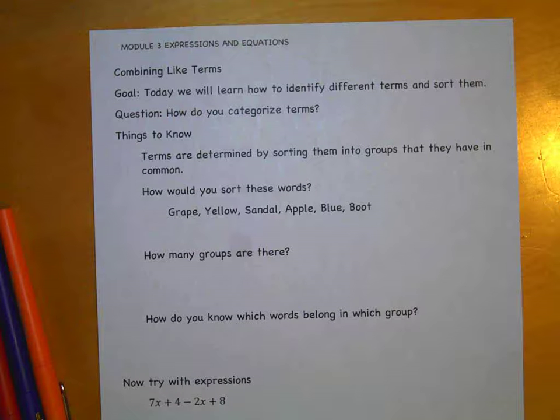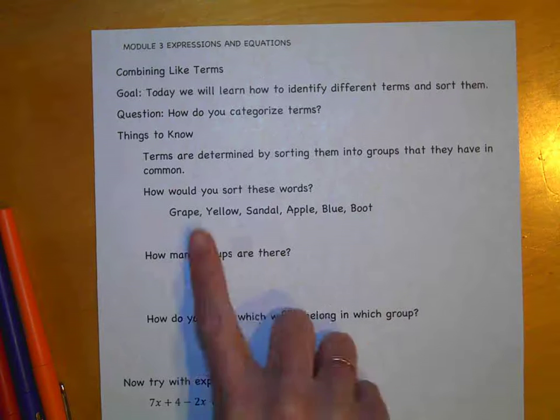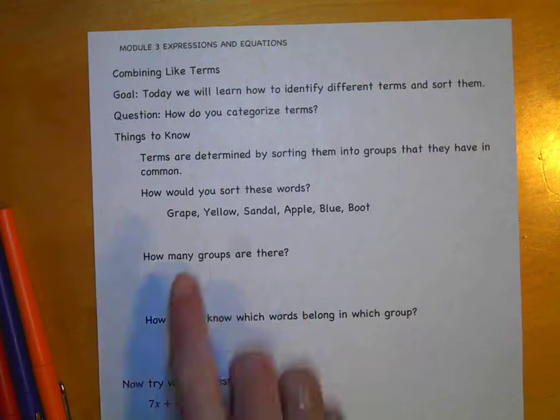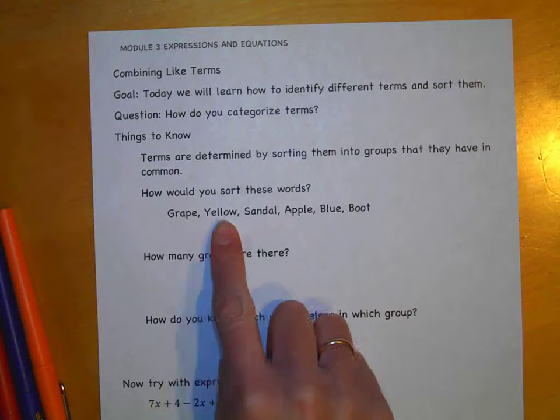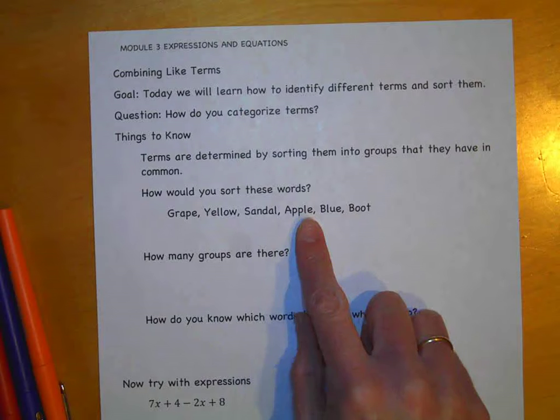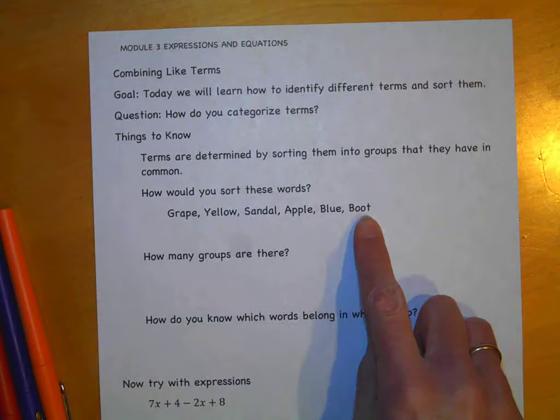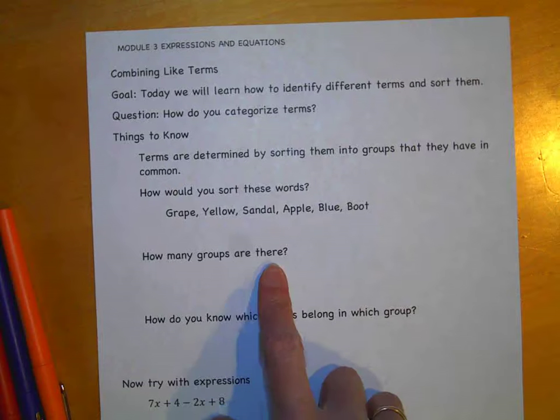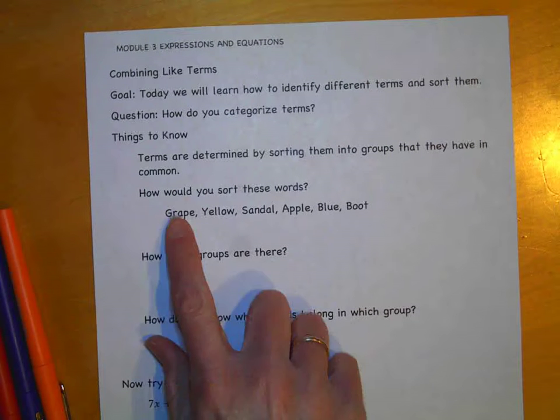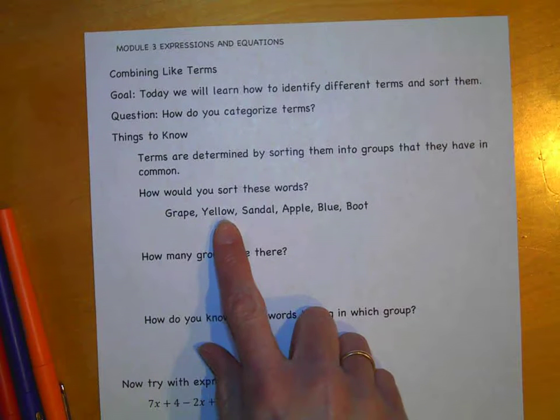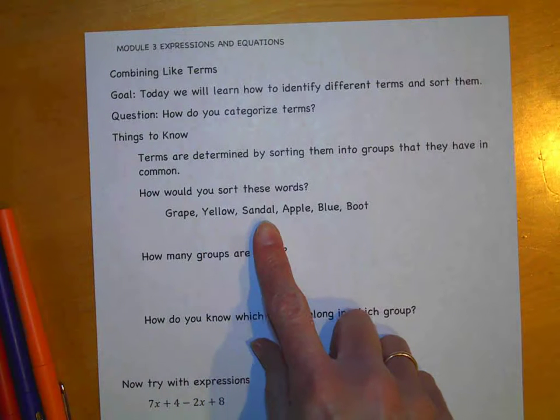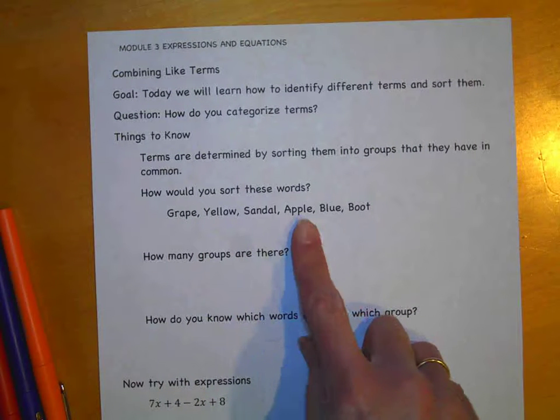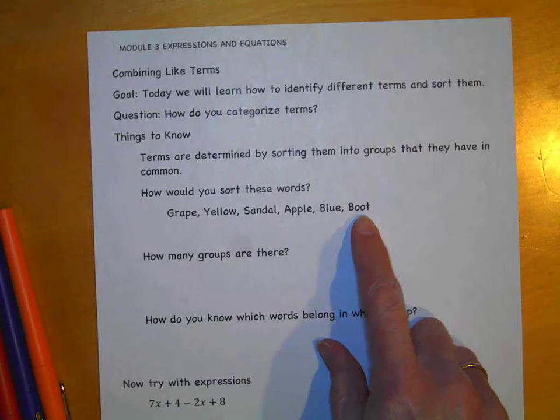If we take a look at an example in English, how would you sort these words? We have grape, yellow, sandal, apple, blue, and boot. How many groups are there? Grape is a fruit, yellow is a color, sandal is a shoe, apple is a fruit, blue is a color, boot is a shoe.